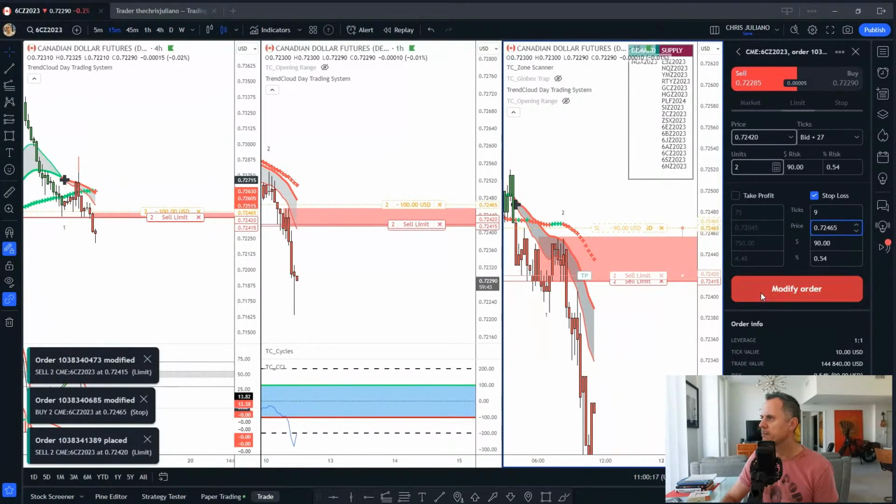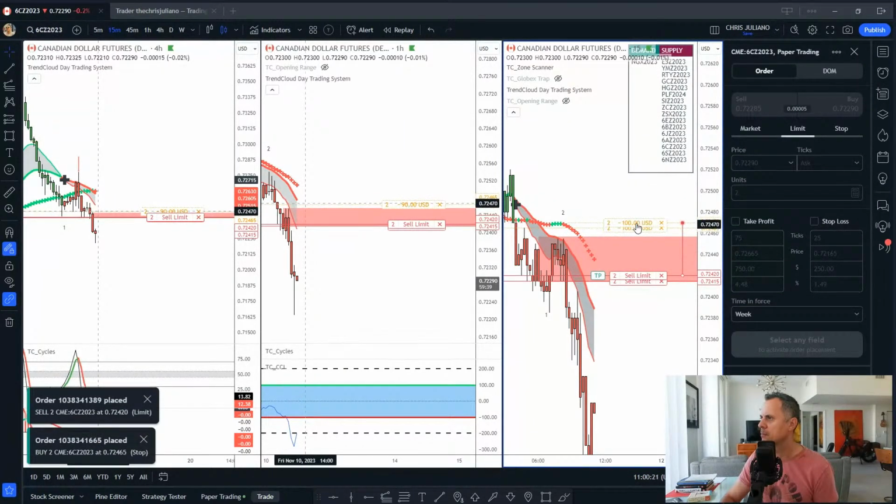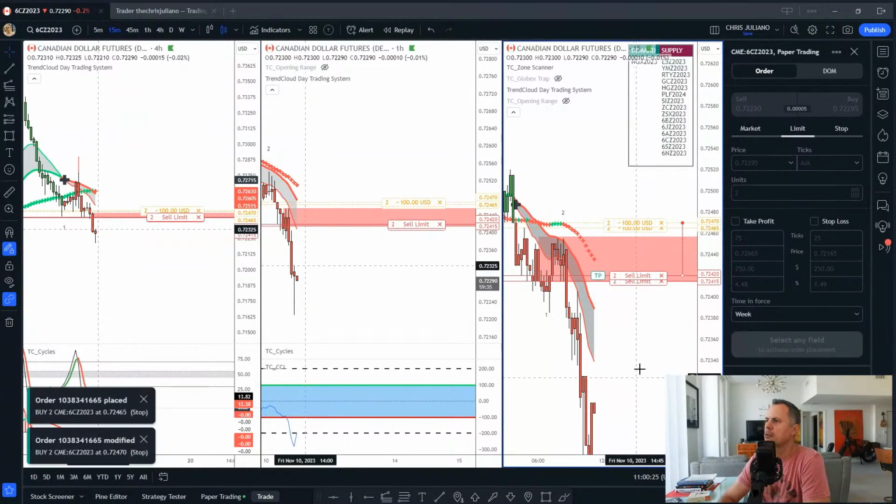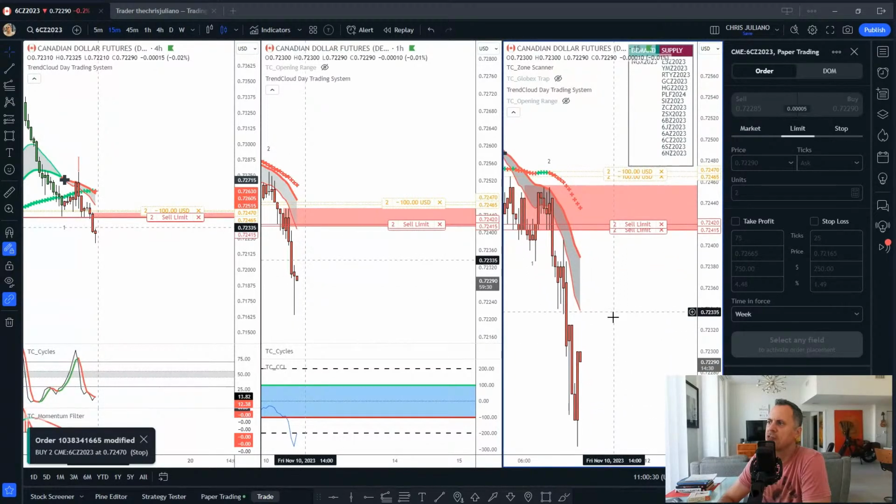Okay, there we go. We'll just do like that. So that is how we would handle it. So now we can scale out of that trade as well.